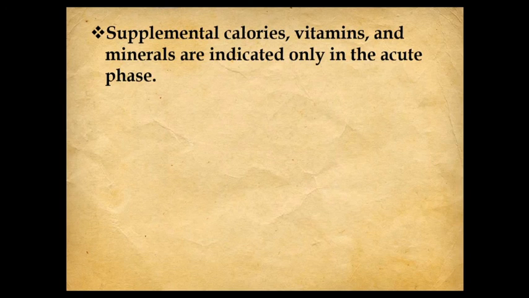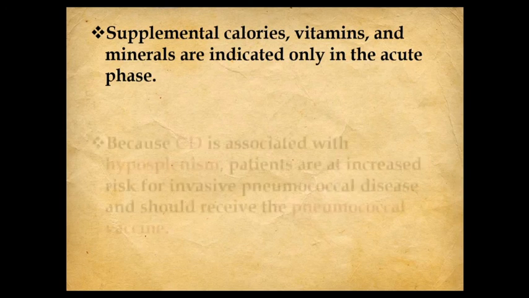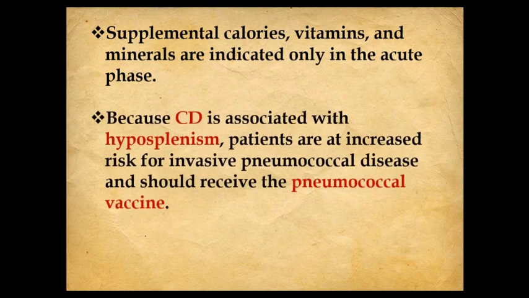Supplemental calories, vitamins, especially the fat-soluble vitamins, and minerals are indicated only in the acute phase of the diagnosis of the disease. And celiac disease is associated with hyposplenism. Why do patients with celiac disease have hyposplenism?